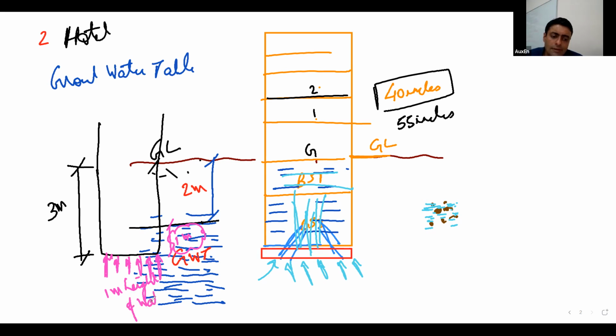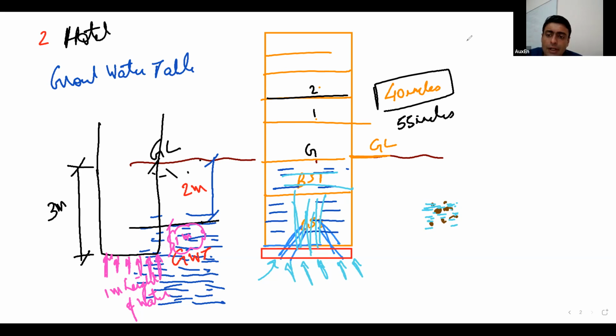Are we clear with this? Do we understand this concept? So this is called the uplift pressure.